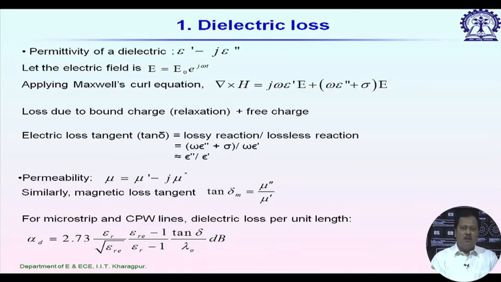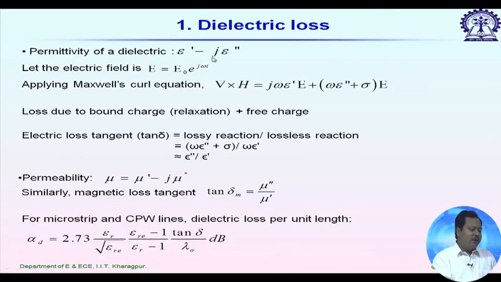So, how do we quantify this loss? Instead of the simple dielectric constant epsilon r, we represent the dielectric constant by a complex number. We can see the permittivity in general has one real component, epsilon dashed, and one imaginary component, j epsilon double dashed. Intentionally we are using a negative sign here, so that loss becomes a positive quantity.